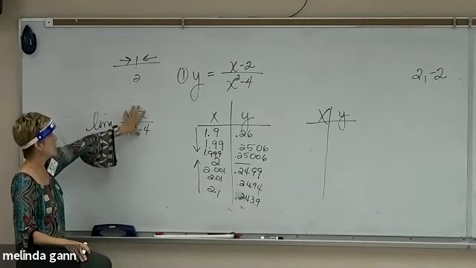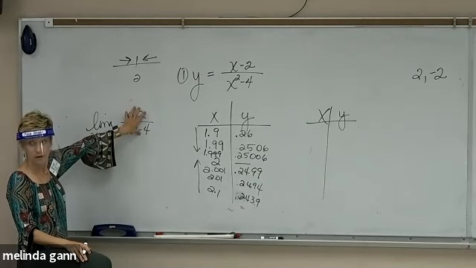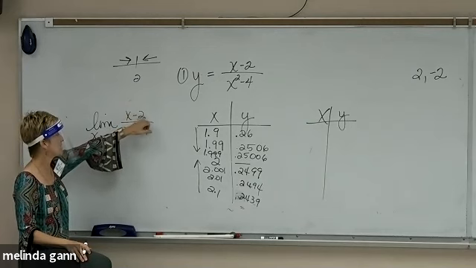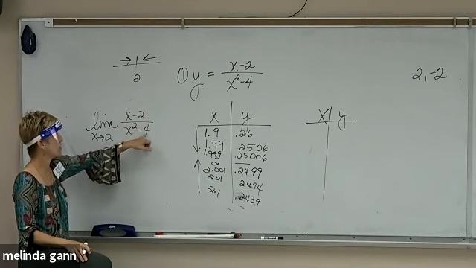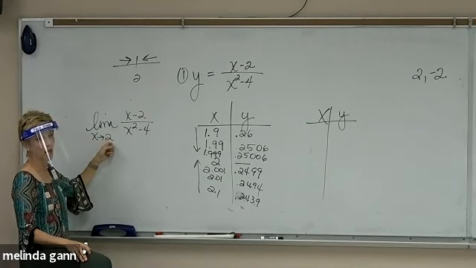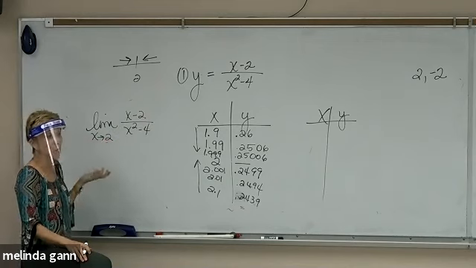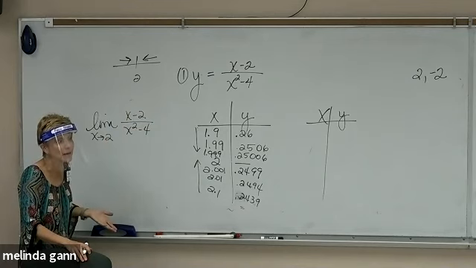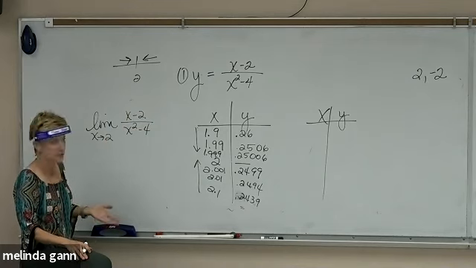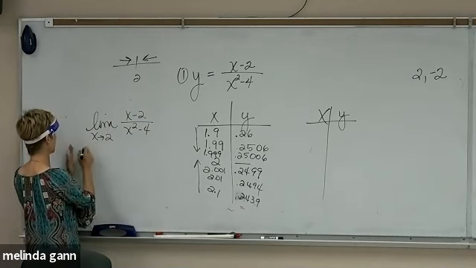This says on this graph, on this function, x minus 2 divided by the quantity x squared minus 4, when x is getting closer and closer to 2, is y getting close to anything? So that's what it's saying on that graph.